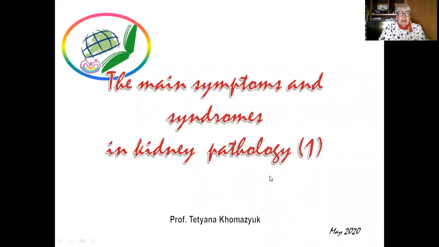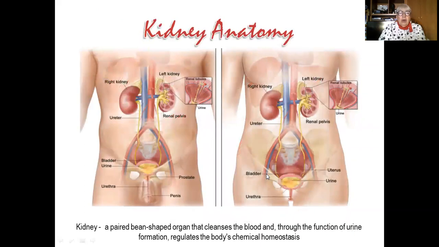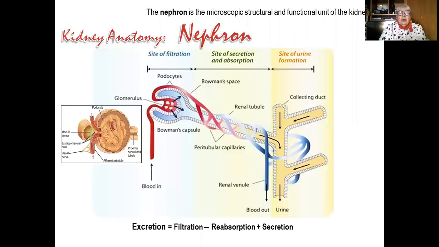So let's start. I want to call to your memory the kidney anatomy. The kidney is a paired bean-shaped organ that cleans the blood and, through the function of urine formation, regulates the body's chemical homeostasis. Let's go on to identify the microscopic structural and functional unit of the kidney, the nephron.